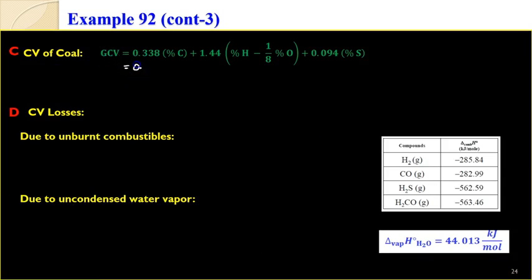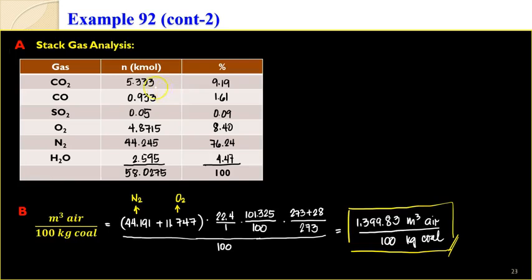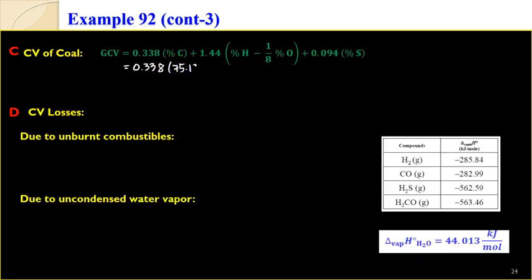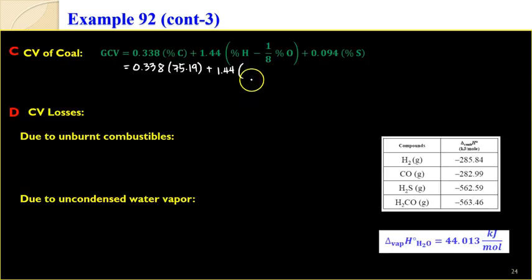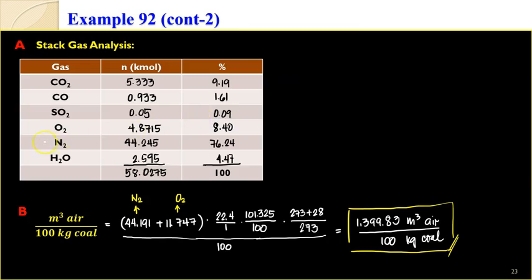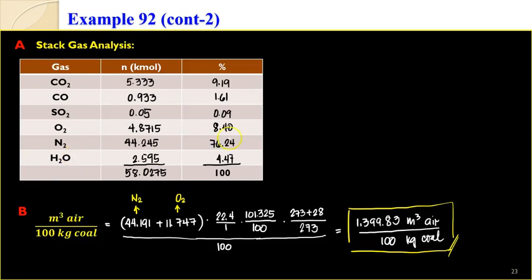This one is basically 0.338 times the percentage of carbon, which is 75.19, plus 1.44 times the percentage of hydrogen, which is 5.19, minus 1/8 of the percentage of oxygen, which is 8.72, plus 0.094 times the percentage of sulfur, which is 1.6.